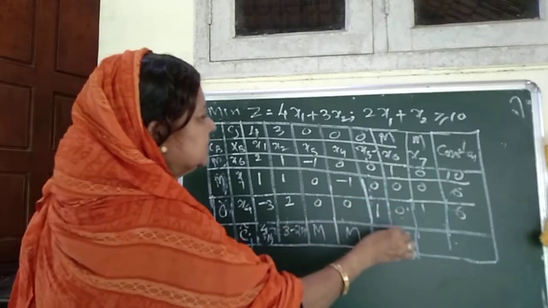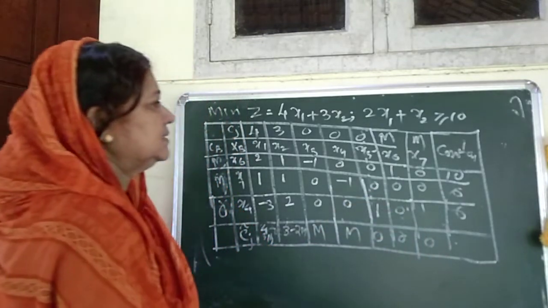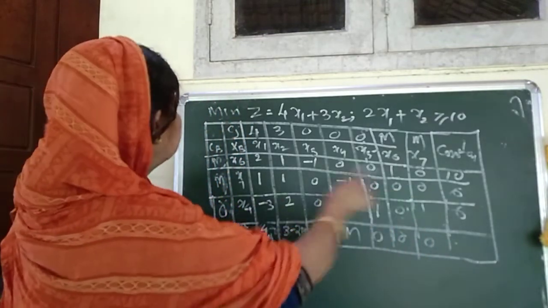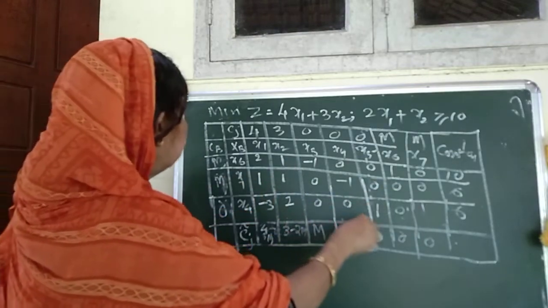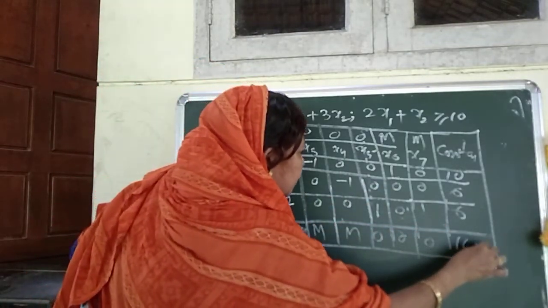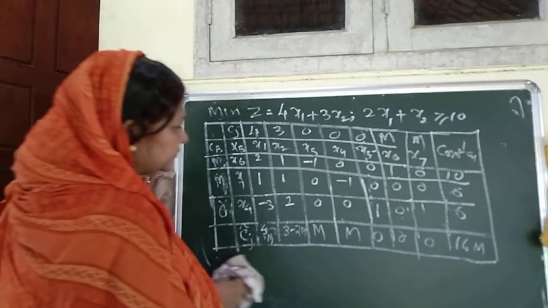Then for this x6 is basis, x7 is also basis. Then here the value is 10 plus 6, 16M. Objective function is 16M.